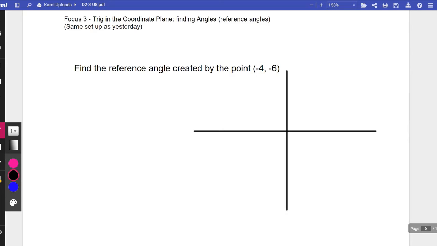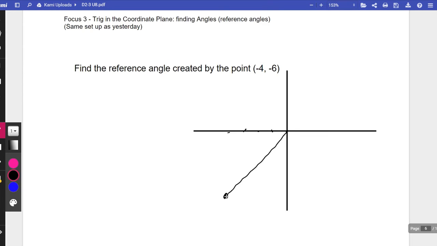We're doing exactly everything the same. So this is -4, -6. Just plot that point. Negative x direction, and then -6 is 6 down. So it'd be like this point. Okay, we should be somewhat decent at drawing this by now, from the origin.